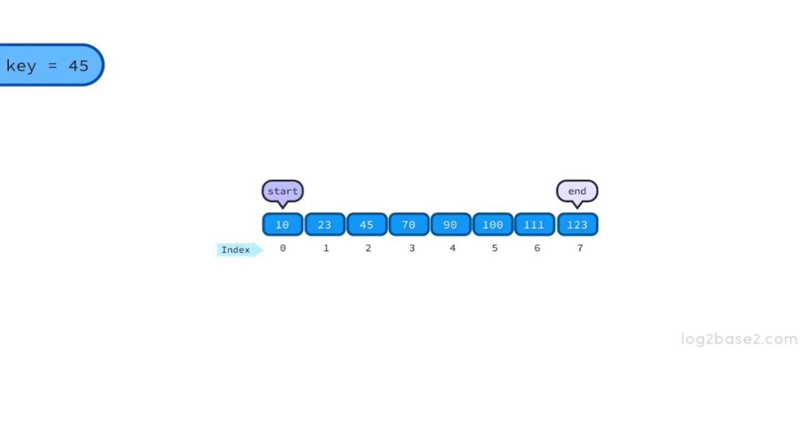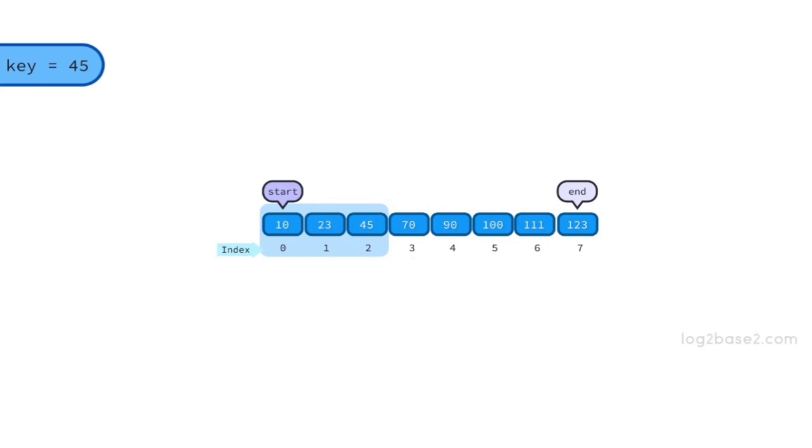We have 8 elements, so the fourth one is the middle one, which is 70. It is not the key, and now we have to check if our key is less than or greater than 70. And it is 45 less than 70. So it could only be present in the left half.